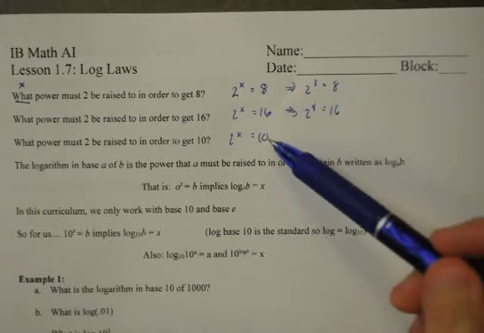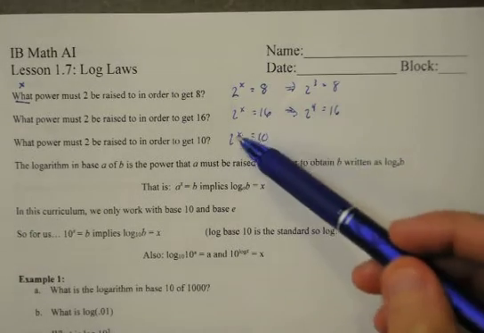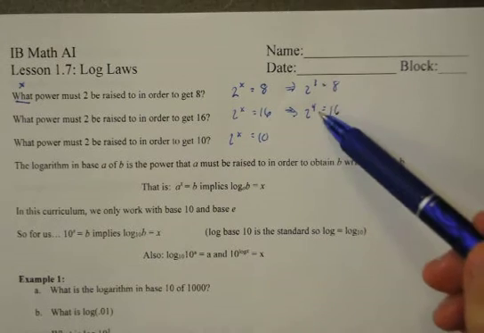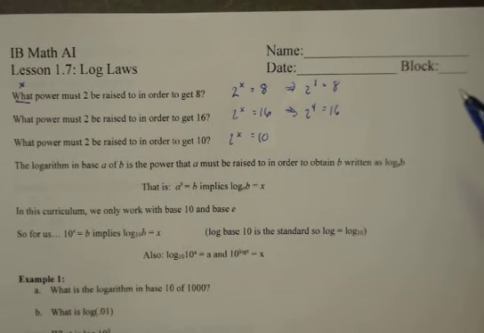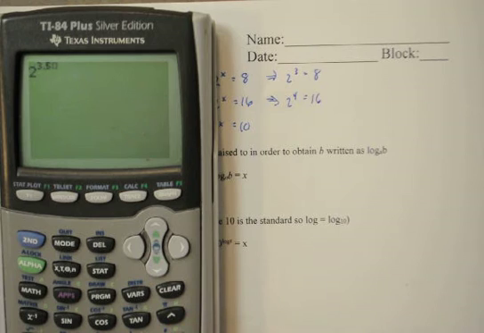Well, 10 is between 8 and 16, so it would make sense that this value would be between 3 and 4, but how do you figure that out? How do you find that value? You know the value is between 3 and 4, so you could do 2 to the 3.5.